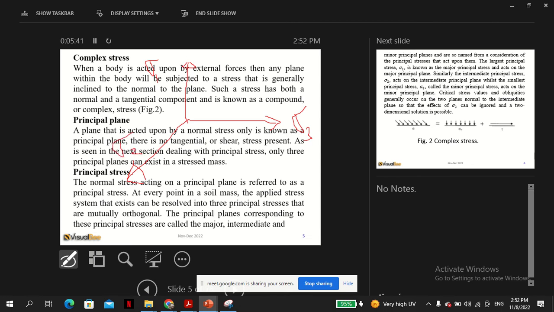So the major principal stress is the maximum, the highest: sigma 1 is greater than sigma 2, which is greater than sigma 3.